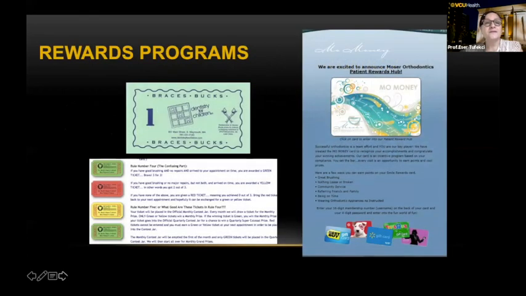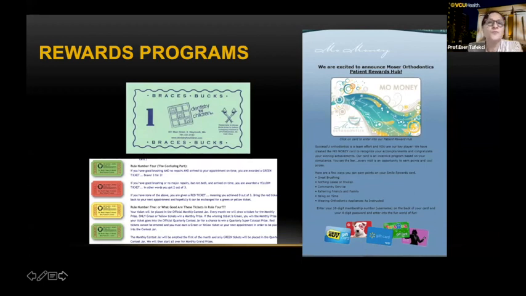In the US, almost any private practice will have some rewards programs. It is such a big problem and such a concern for us orthodontists that we are trying to do anything to encourage these patients to brush, to take good care of their teeth.